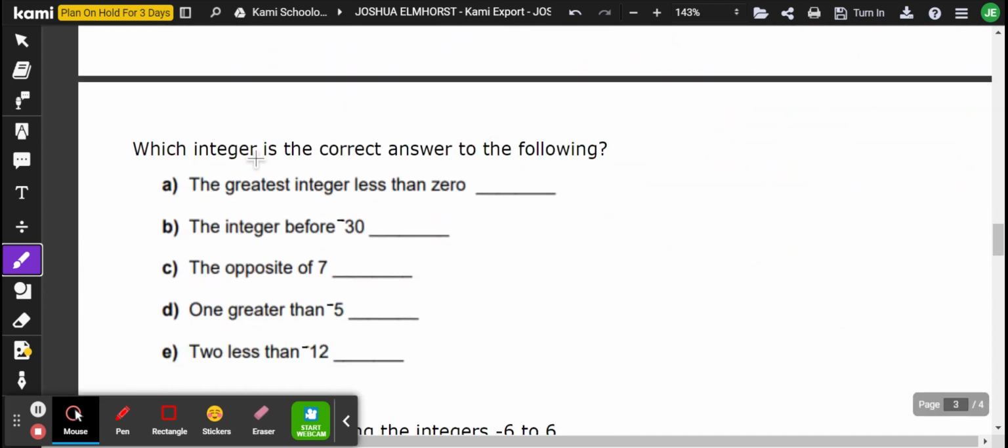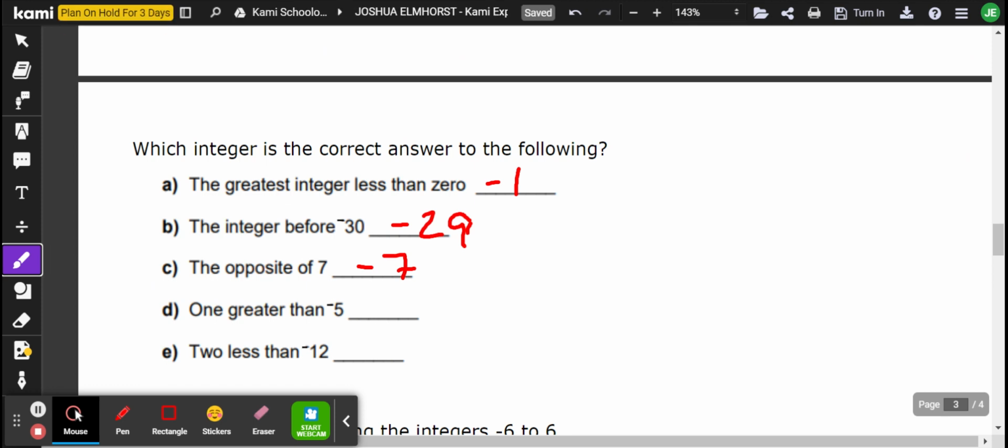Okay, which integer is the correct answer to the following? The greatest integer that has the most value that is closest to the positives, less than 0, would be -1. The integer before -30, you're going to be looking at the next number down, which is -29. The opposite of 7 would be -7. 1 greater than -5.